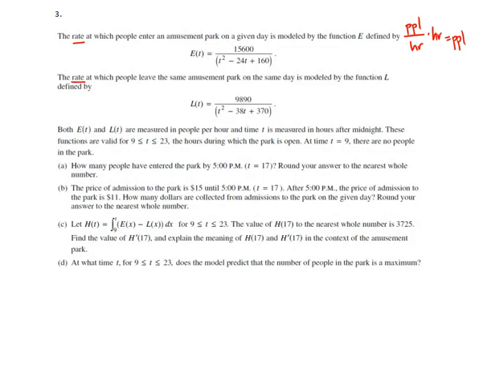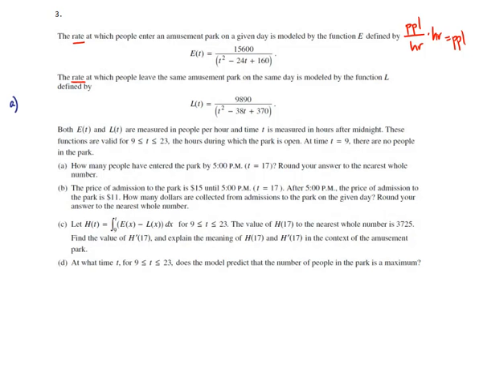So the integral, or the area under that E of t curve, is going to tell us the change in the underlying function. E of t is a derivative. The integral of that will tell us the change in the people function, or the number of people, the function that models the number of people in the park who have entered the park.